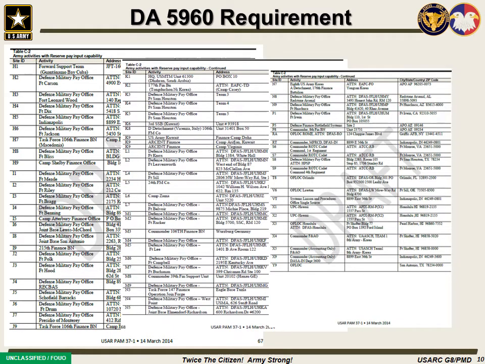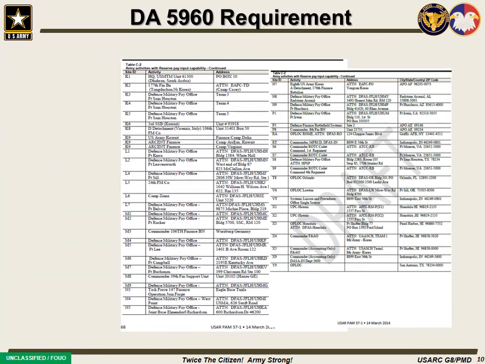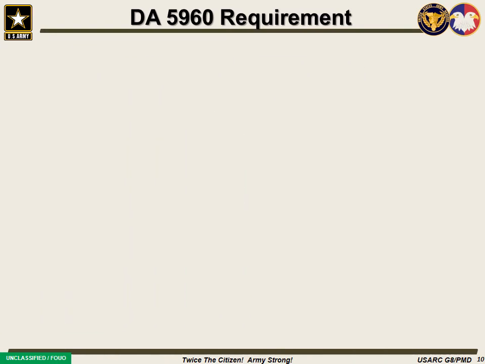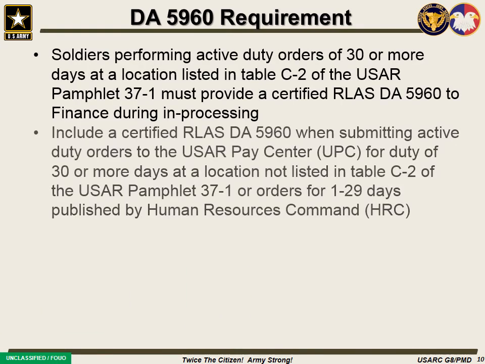Soldiers must provide the new DA Form 5960 to the finance office to correct their BAH payments. For duty at locations not listed in this table, submit the orders and RLAS DA Form 5960 to the UPC. This also applies to 1 to 29 day orders published by HRC.